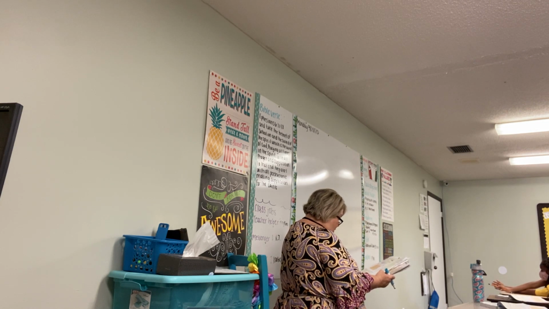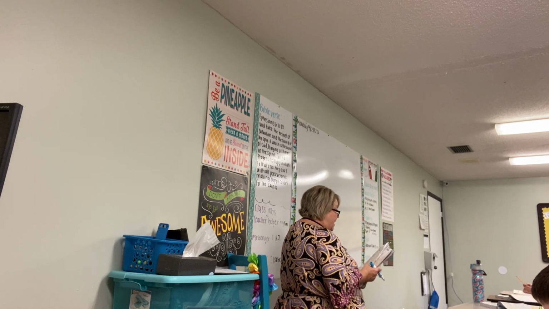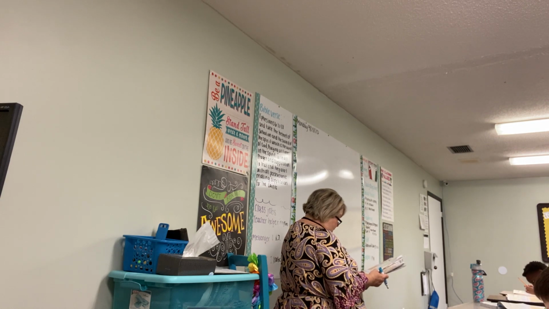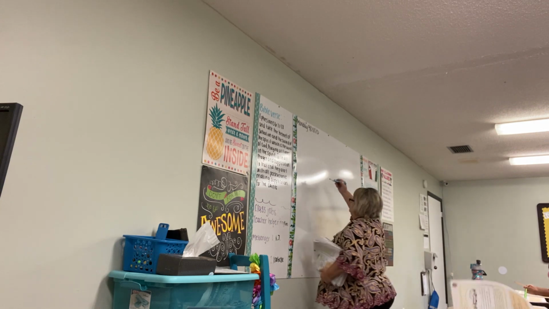what we're going to do right now is work on a little mini essay together, okay? And we are going to compare cats and dogs. All right? Yay. Apples and bananas.